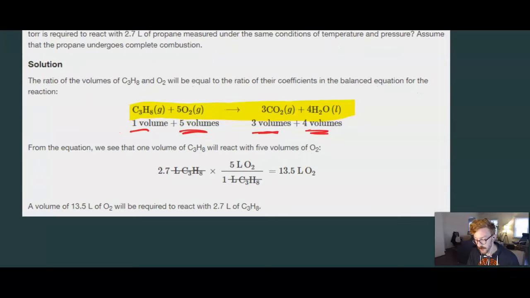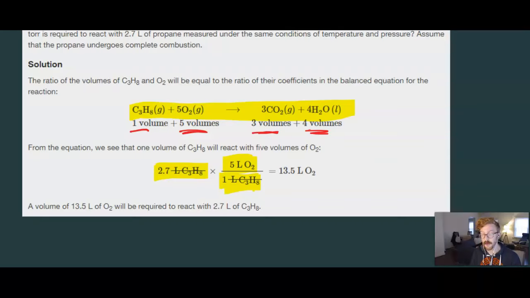What we can say here then is if you wanted to solve for the volume of oxygen, starting from 2.7 liters of propane, you do not have to go through mole amount because that's kind of a redundant thing. The volume is indicative of the mole amount and vice versa for ideal gases. So what you do is you start with the liter quantity for propane, and you use the balanced chemical reaction to say that for every 1 liter of propane that reacts, it will consume 5 liters or 5 volumes of oxygen.